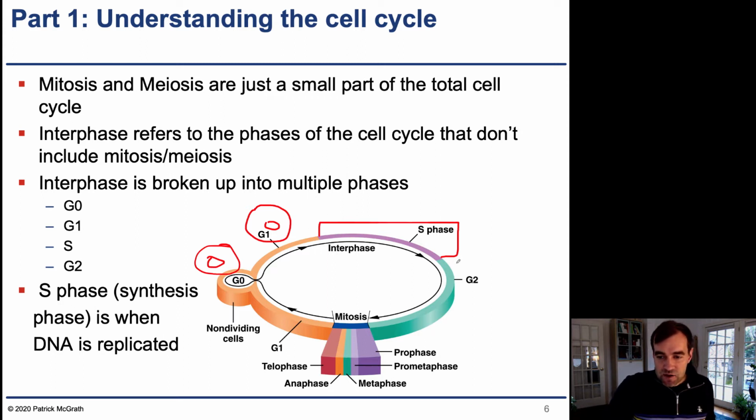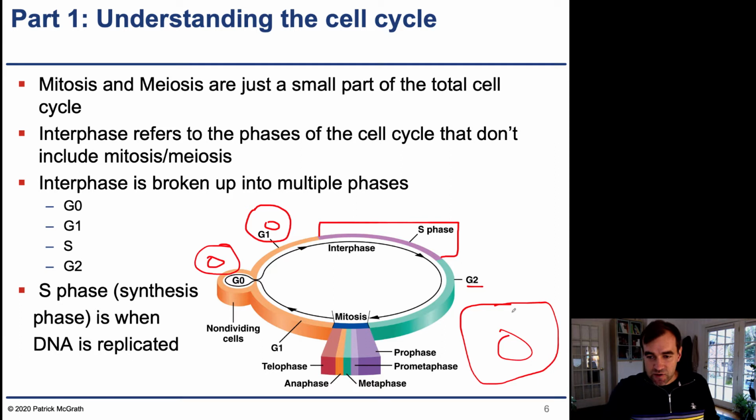After that, there's G2 phase. So G2 phase is when the cell continues to grow, new ribosomes, new cell walls, etc. are all formed. And then once the cell has actually grown to the point where it has enough material to make two cells, then it is ready to actually divide.